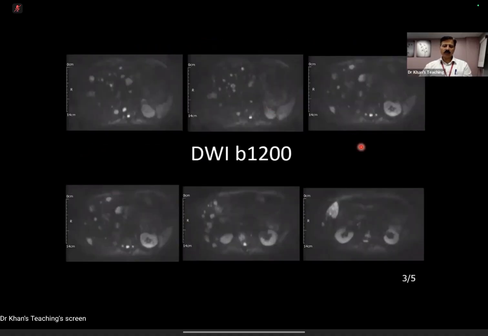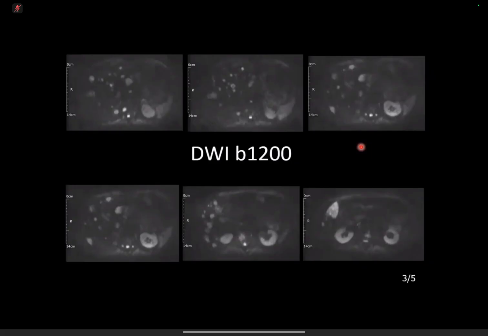On a DWI, look here, this is B1200. And what do you think? Benign or malignant? So the lesions demonstrate high signal on the high b-value DWI images, which is consistent with restriction of diffusion. There are also many more lesions apparent on this more sensitive sequence, and I think this makes me more worried that this is a disseminated malignancy.